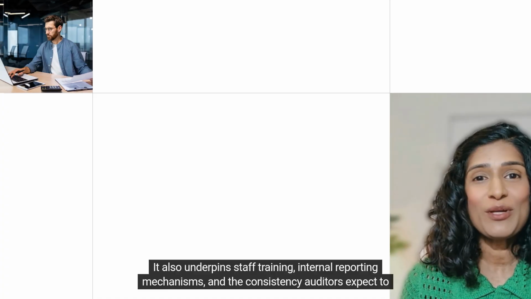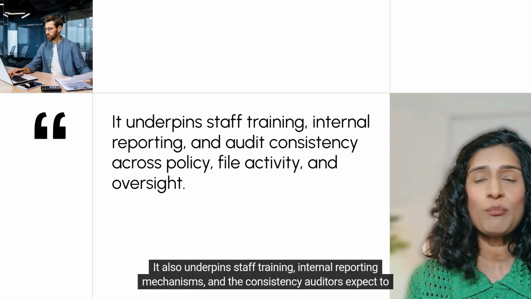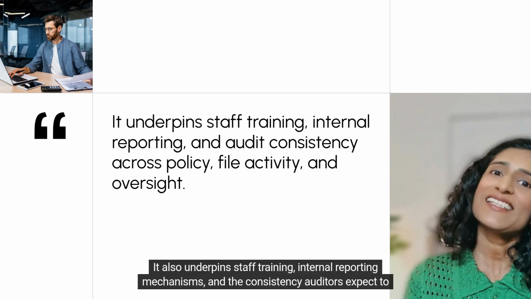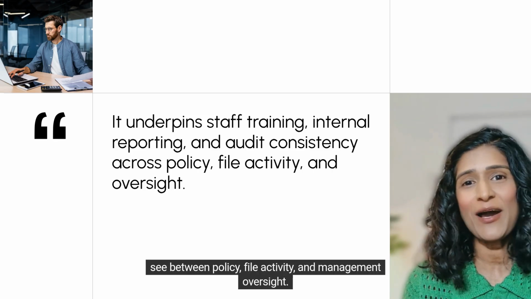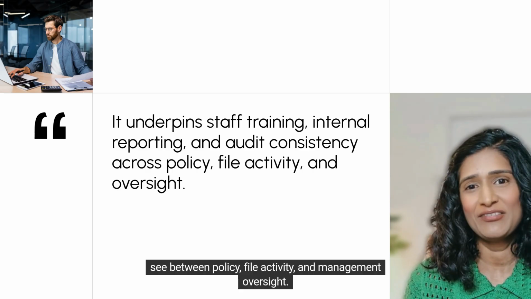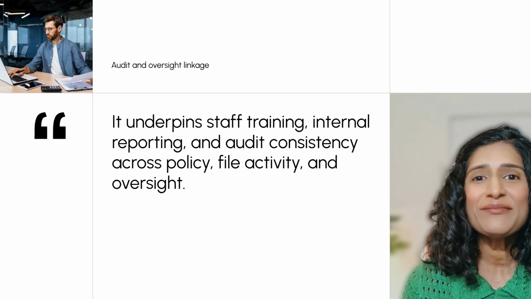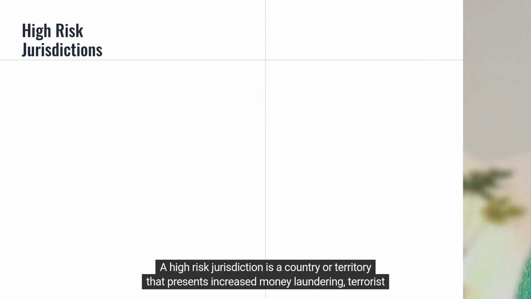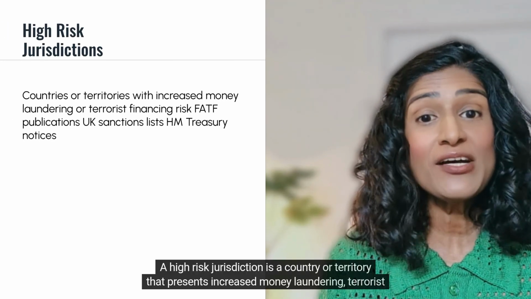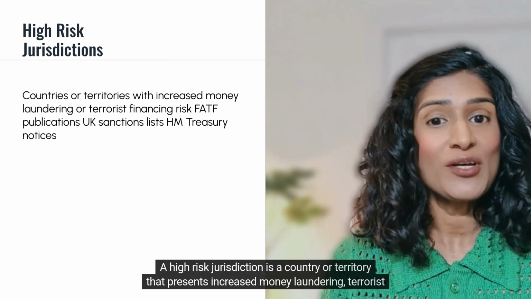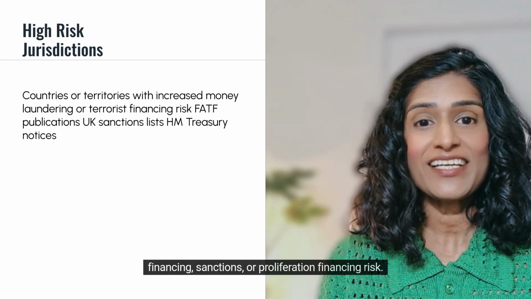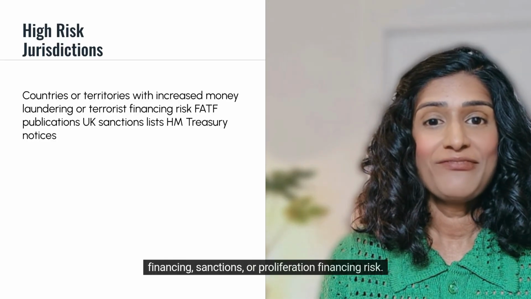It also underpins staff training, internal reporting mechanisms, and the consistency auditors expect to see between policy, file activity, and management oversight. A high-risk jurisdiction is a country or territory that presents increased money laundering, terrorist financing, sanctions, or proliferation financing risk.